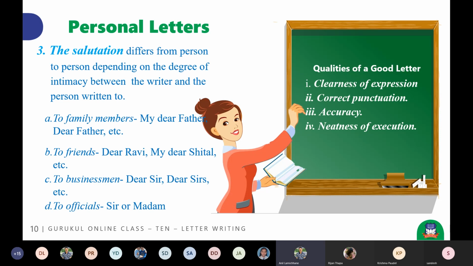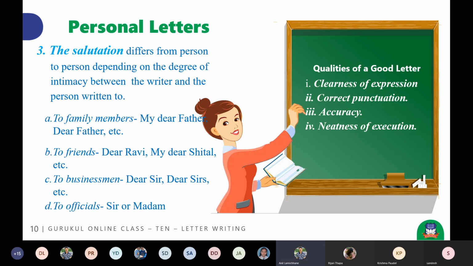So in number three, the third one will be the salutation. When we write to somebody, we address, we salute. So salutation differs from person to person, depending on the degree of intimacy between the writer and the person written to. So here are some examples for you.